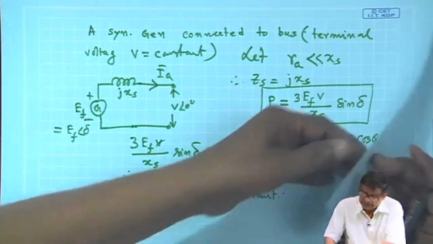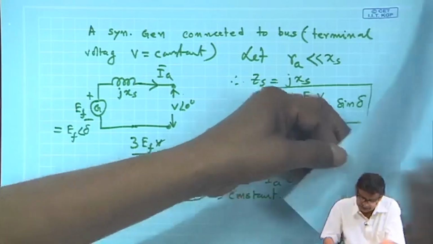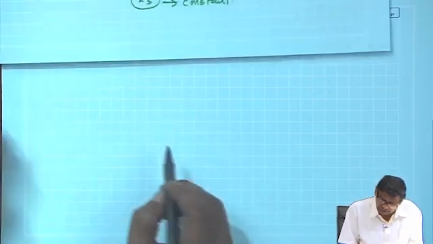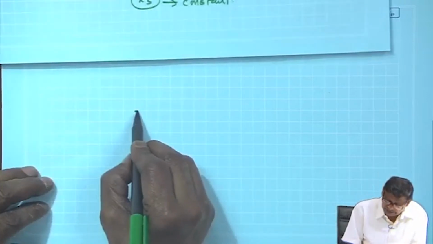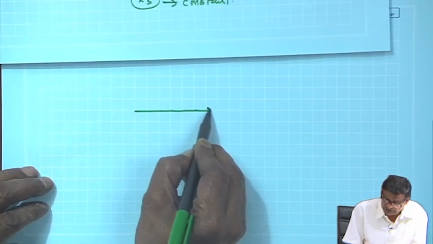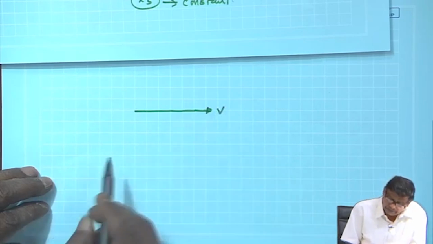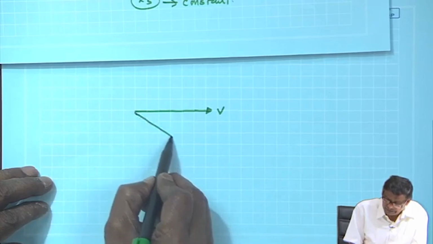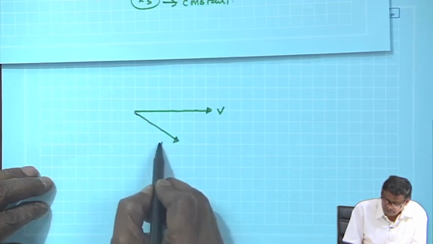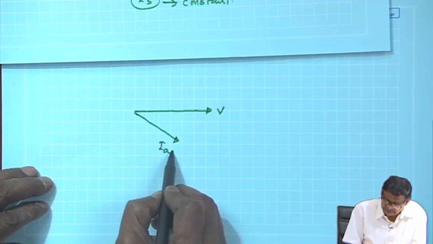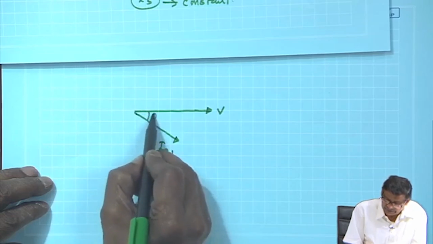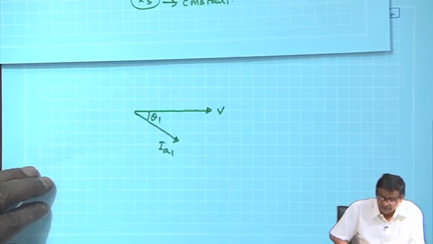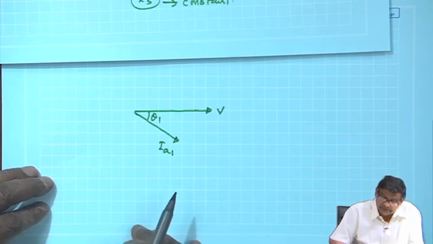Suppose the machine is operating at a lagging power factor, then I will draw it. Only one thing I will tell, and then today I will conclude. Get the idea. This is the terminal voltage V. Suppose the generator is operating at some power factor angle theta 1, delivering a current of IA1.